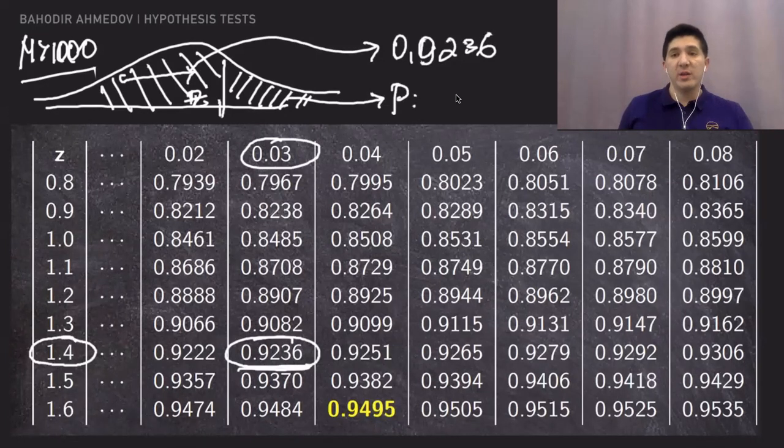In order to find this p-value, we have to subtract 0.9236 from 1, since the overall area under the standard normal distribution curve should be equal to 1.